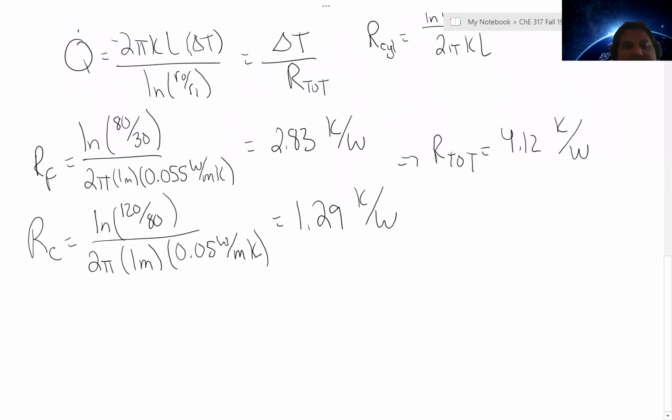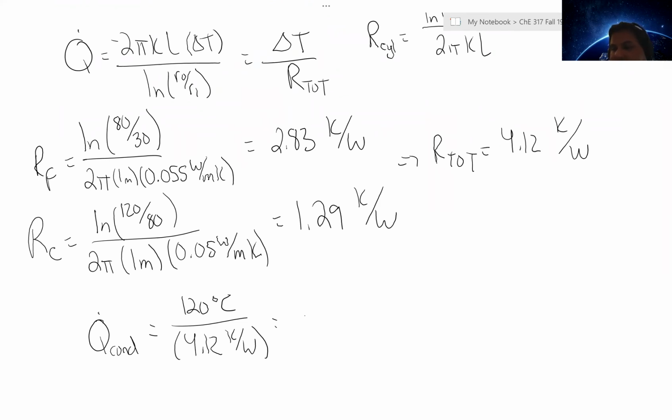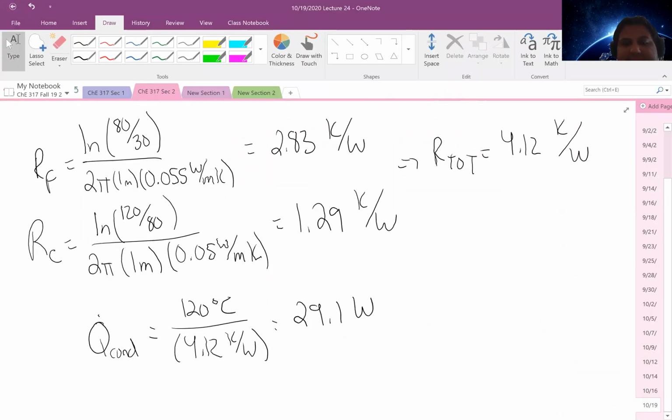With that in mind, I can simply solve for the heat transfer via conduction as 120 degrees Celsius divided by 4.12 kelvins per watt, or approximately 29.1 watts, and then taking in my basis per meter of pipe.